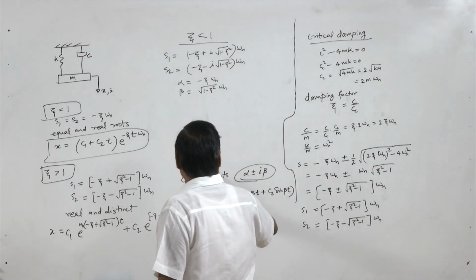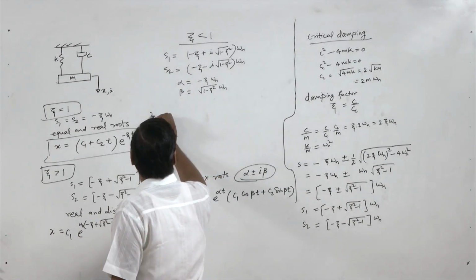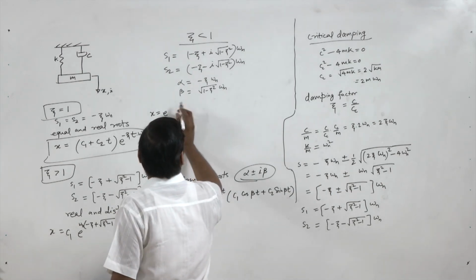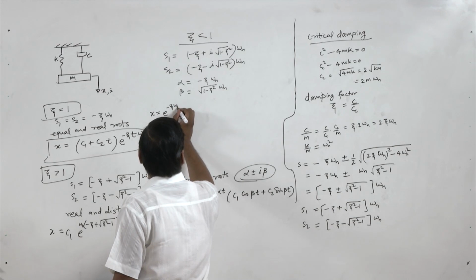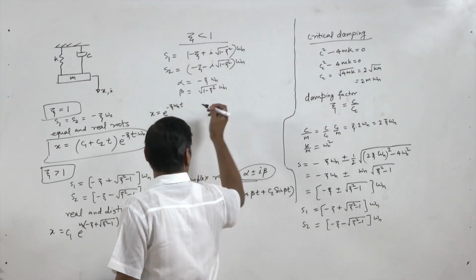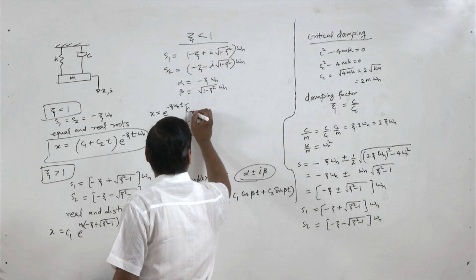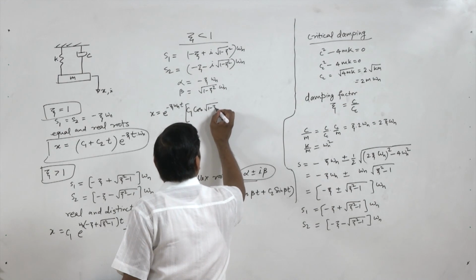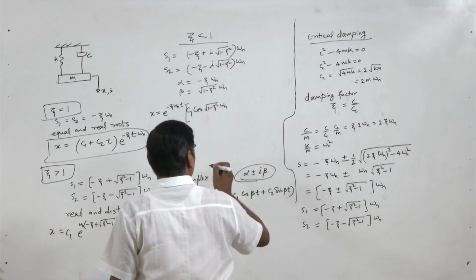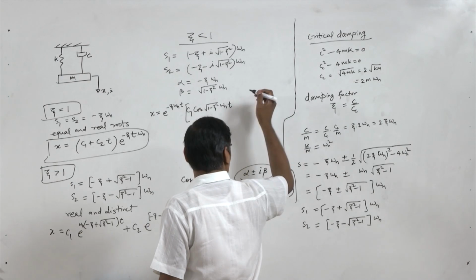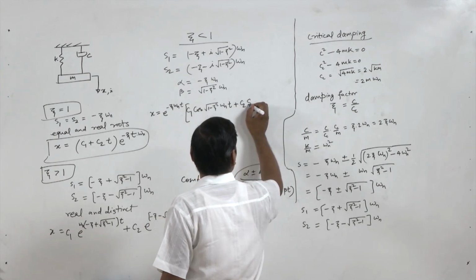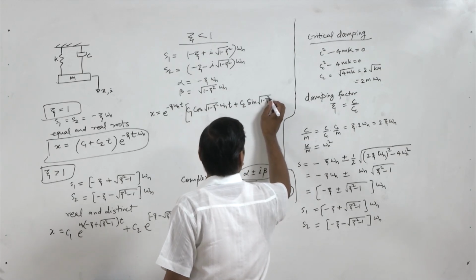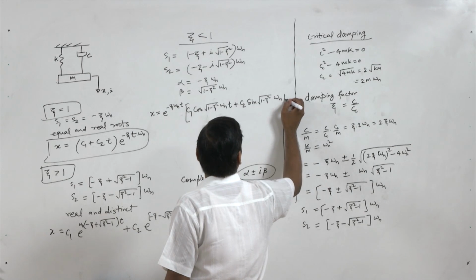So we can write the solution x equal to e power minus zeta omega n t, C1 cos root 1 minus zeta square omega n t plus C2 sin root 1 minus zeta square omega n t.